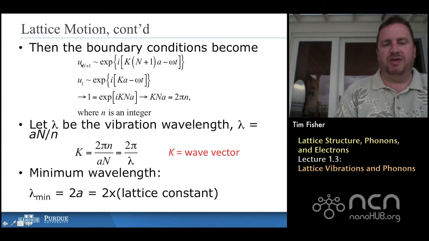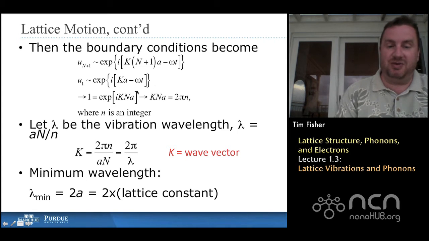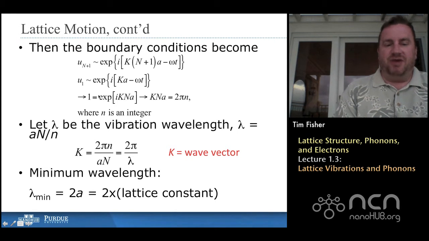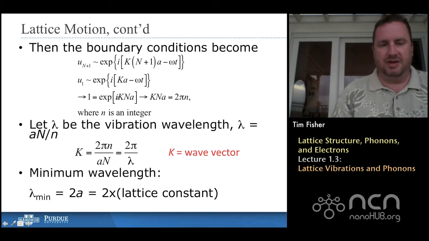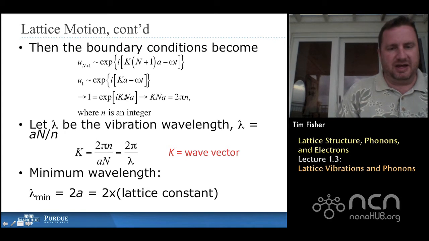And then we know that that displacement is also going to equal the displacement of the first atom. And so that's the plane wave solution here. Those two things need to be equal. And so what we find, if they are equal, we just take their ratio. We find that this exponential term, e to the ik capital N times a, has to equal 1.